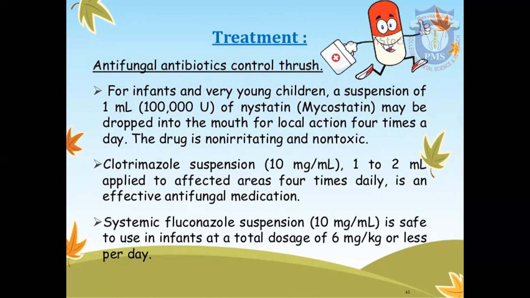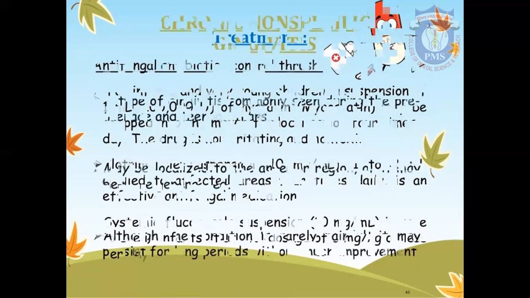Clotrimazole suspension of 10 mg per ml, 1 to 2 ml is applied to the affected areas 4 times daily, and this is an effective antifungal medication. Systemic fluconazole suspension of 10 mg per ml is safe to use in infants at a total dosage of 6 mg per kilogram or less per day.